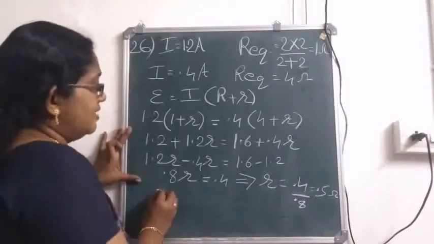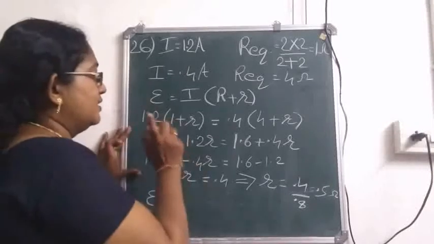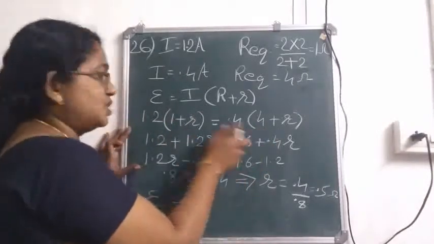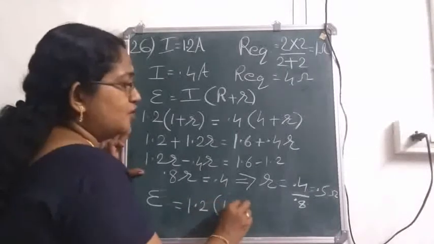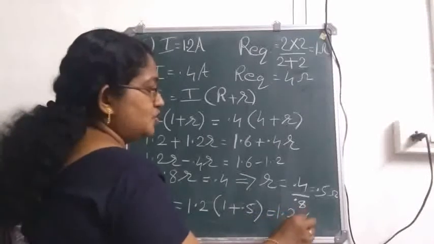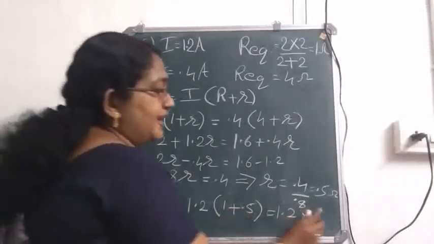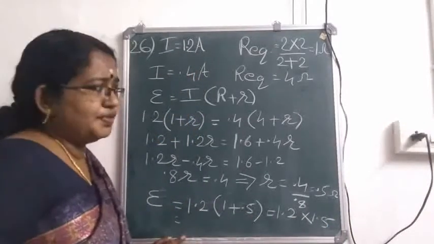Now, we need the value for epsilon, isn't it? So, epsilon is equal to either use this equation or this equation. We will use the first one. 1.2 into (1 plus 0.5). That means 1.2 into 1.5. Now, 12 into 15.